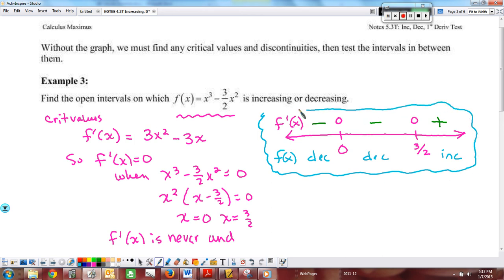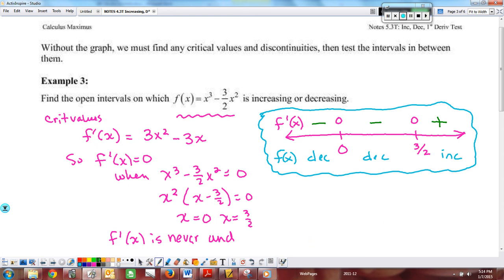Sign charts are great organization tools for organizing the information so that you can answer the question. The sign chart itself is never the answer to the question in an FRQ. They will not look at this and say you've answered the question.